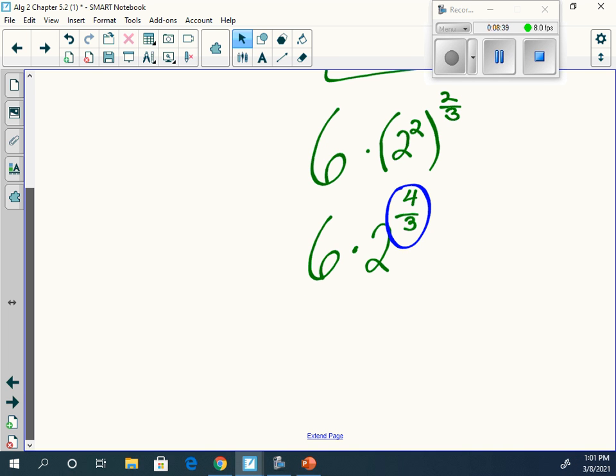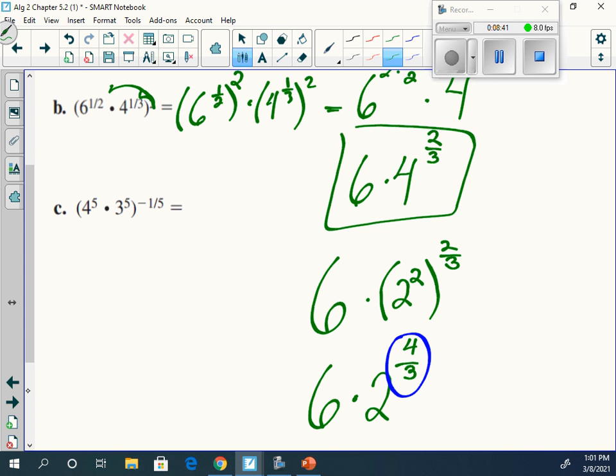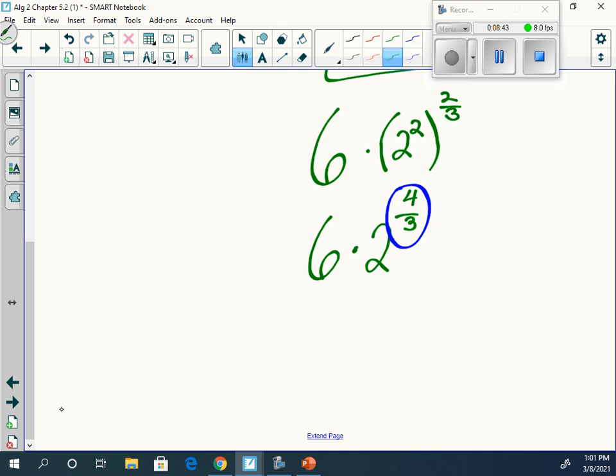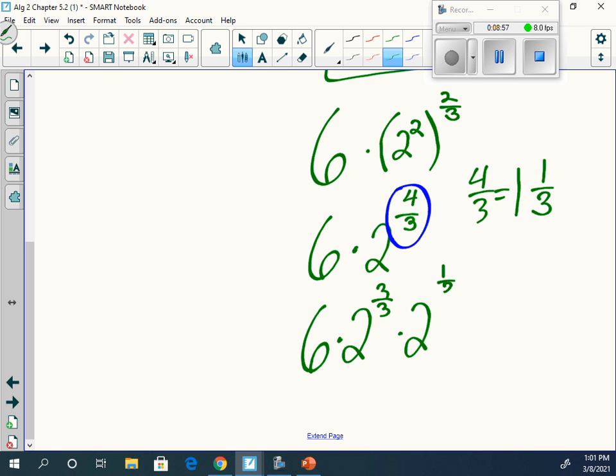What this is saying is that I have 4/3. Well, that's the same as 1 and 1/3. That I have 2 to the 3/3 and 2 to the 1/3. Because I have 4/3, I do have a whole we can simplify out.